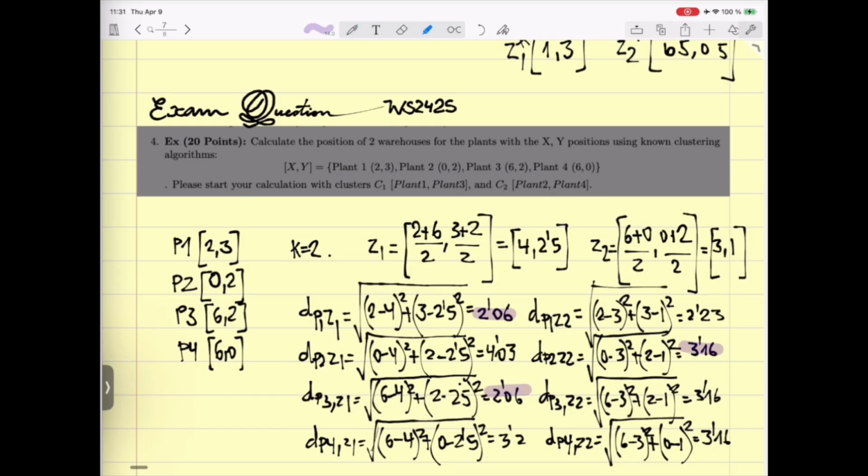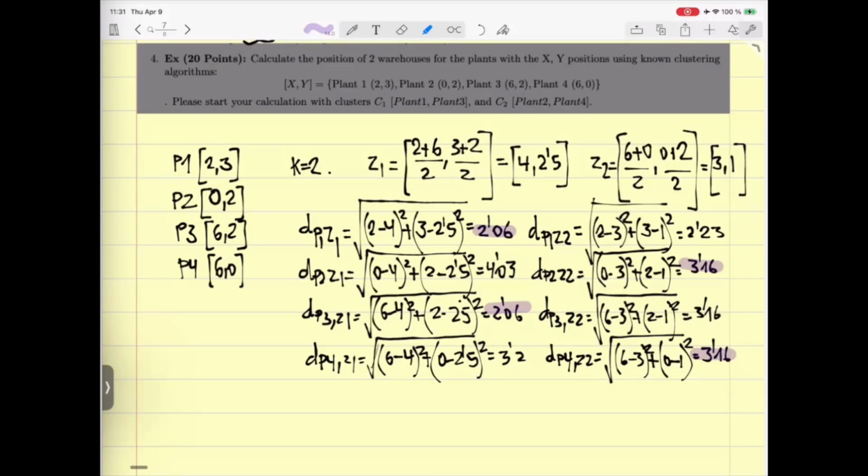So it goes to the second group, right? So our new groups are group 1 star: P1, P3, and group 2 star: P2, P4.